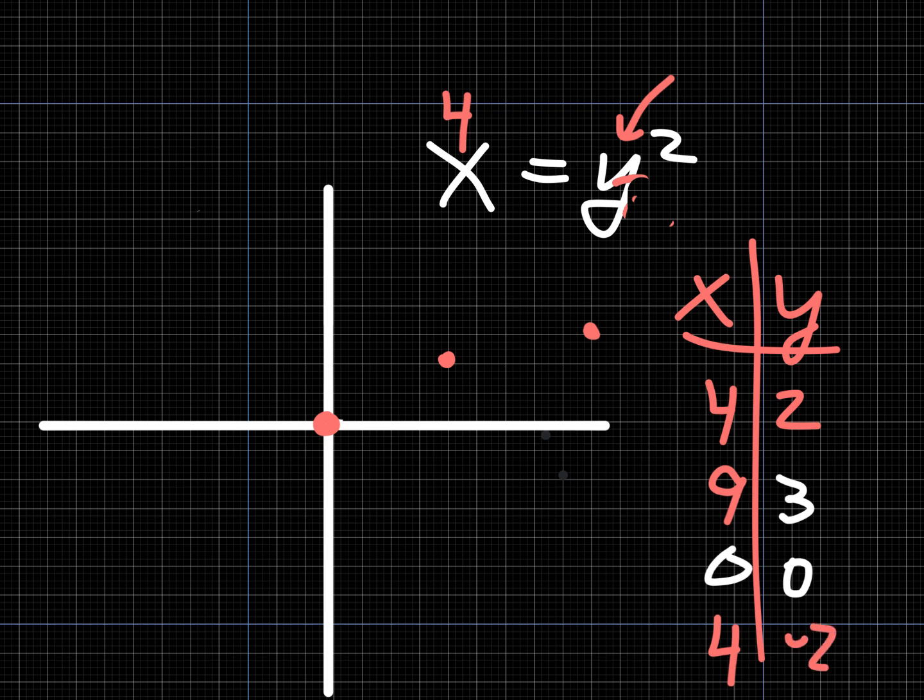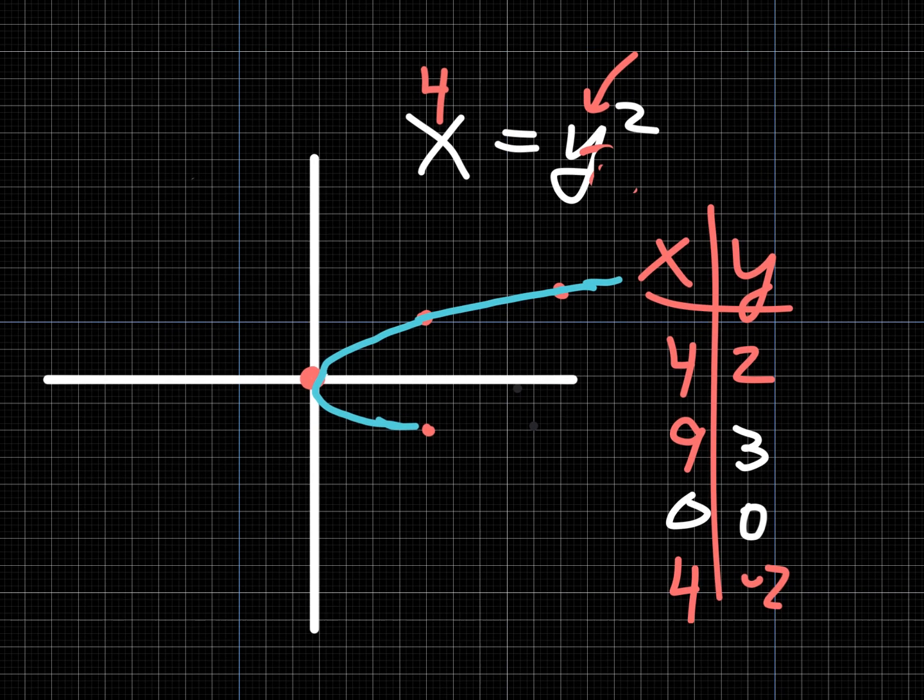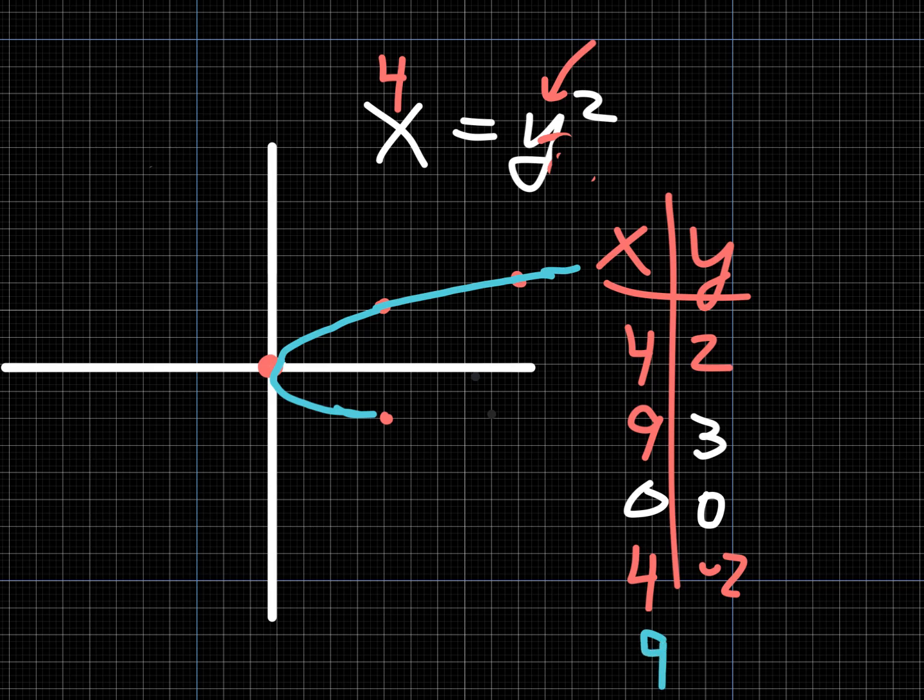So (4, -2). Do you see what this thing is starting to look like? It's kind of like a parabola, but it's sideways. And if this keeps going like this, do you get that 9 would also go with not just 3, but negative 3?